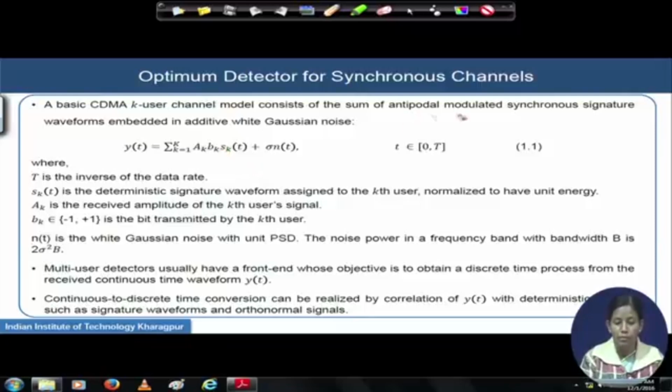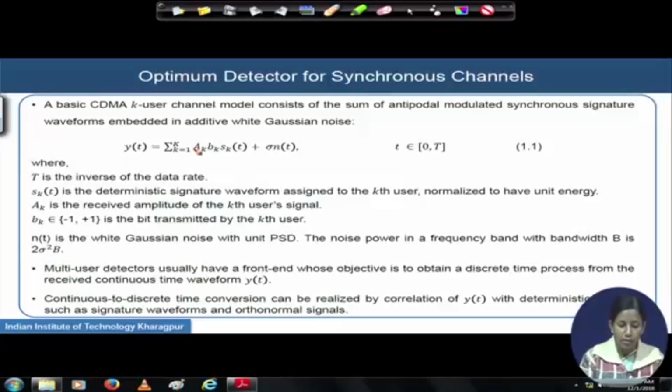So, it is an antipodal modulation going on. Either you are transmitting +1 or you are transmitting -1, only two-level signaling, and A_k is the received amplitude of the kth user at the receiver terminal.